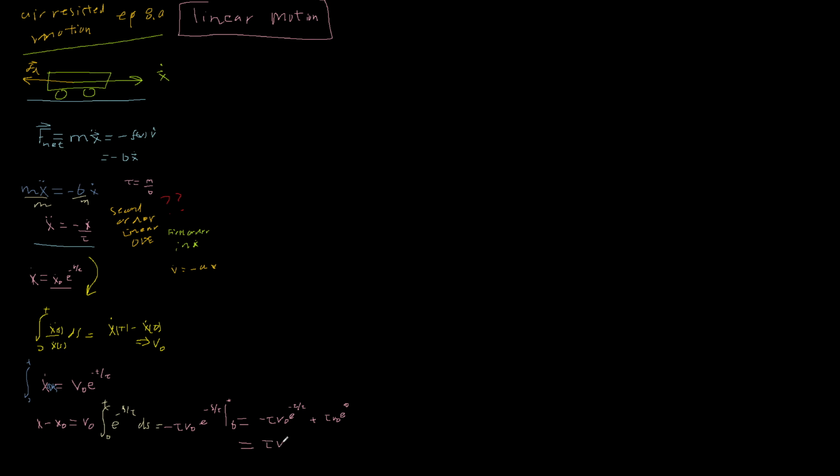We get tau v naught (1 minus e to the minus t over tau) as our solution. So that's our equation.